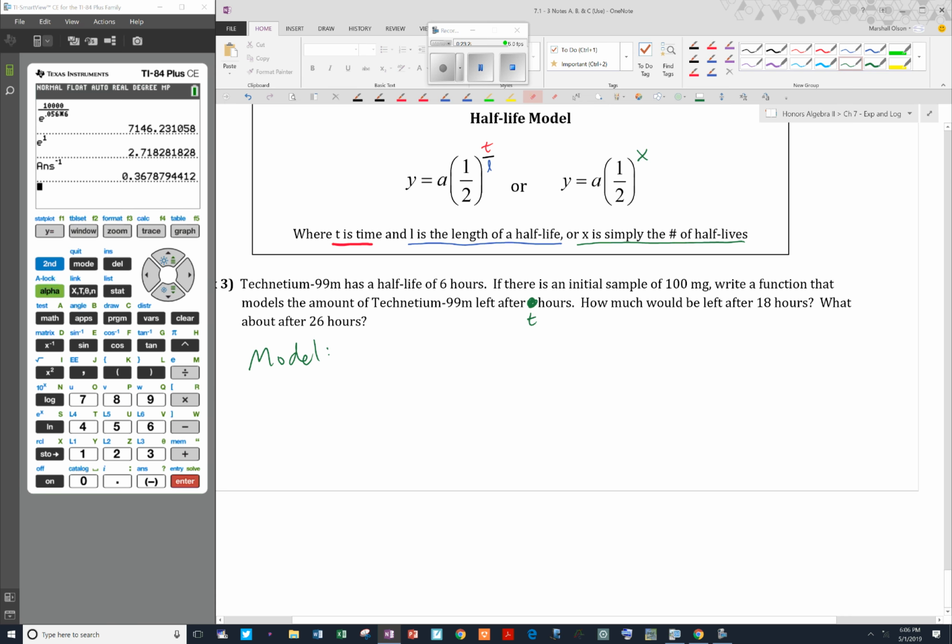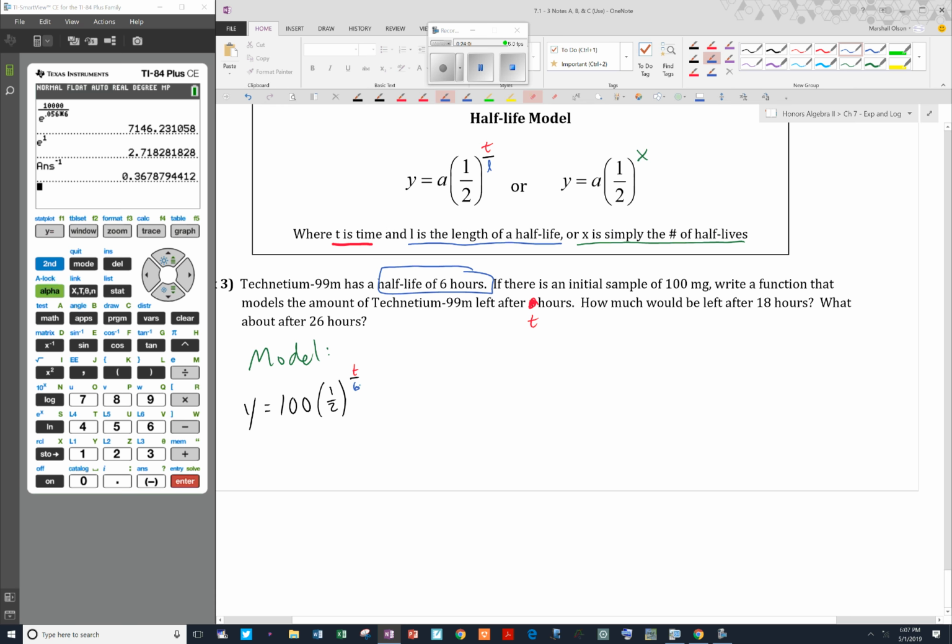So after t hours, our model would be y equals 100, that's our initial amount, times a half because we're talking about a half-life, taken to the t, however many hours have gone by, divided by the length of the half-life, which is 6 hours. So t divided by 6.